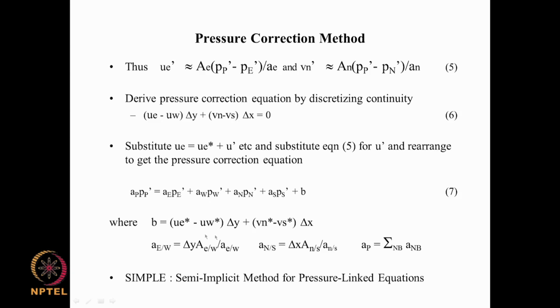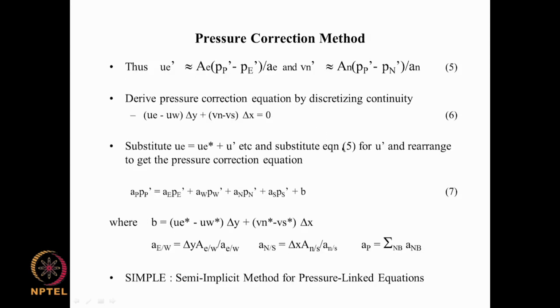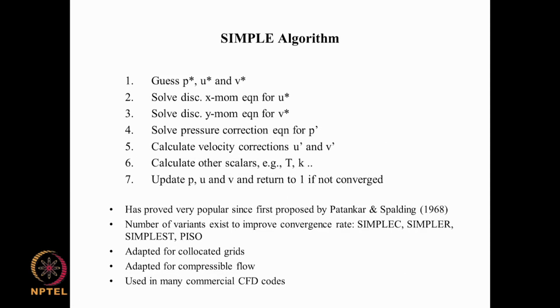So even these are not fully correct. That is why we have to solve the pressure correction equation and the discretized x momentum equation and the discretized y momentum equation iteratively, so that each time we are making updates and updates, and eventually and hopefully it will converge, and the converged solution is such that the pressure corrections and velocity corrections are 0.